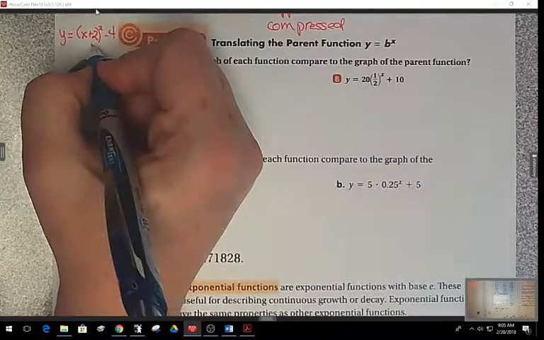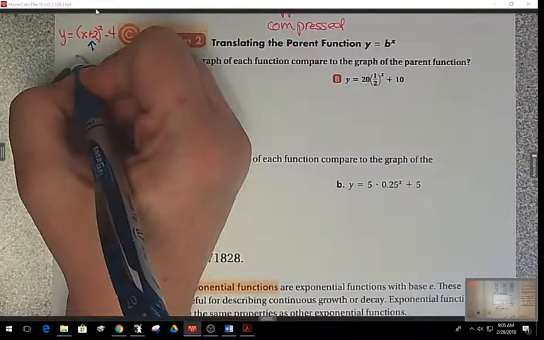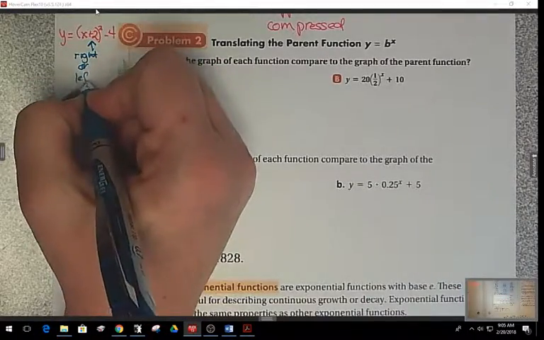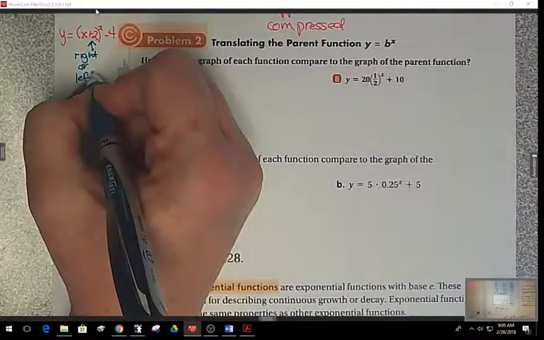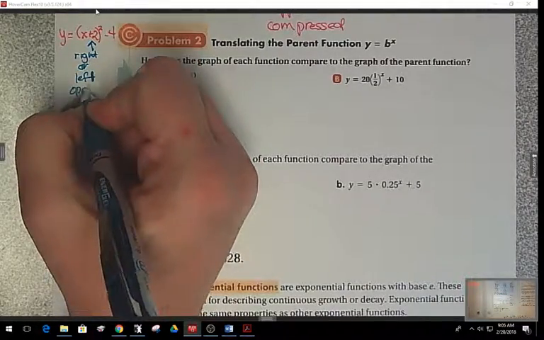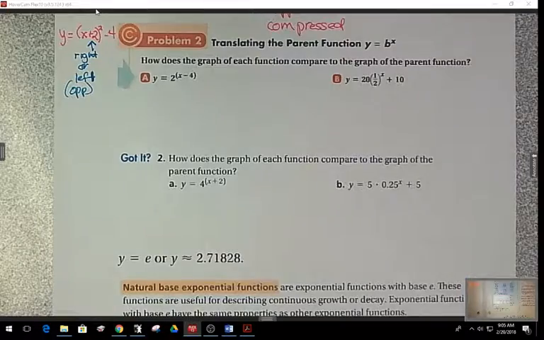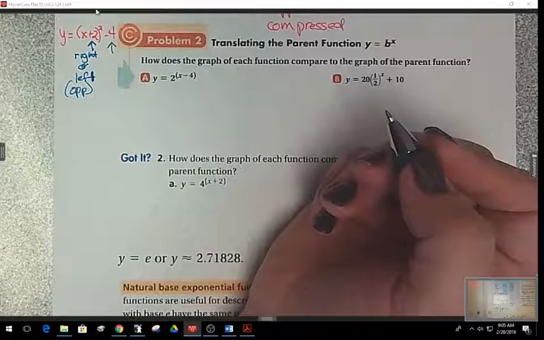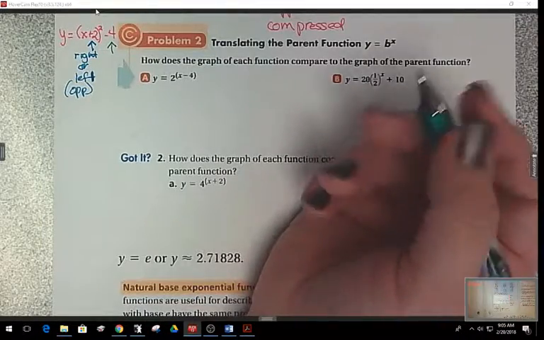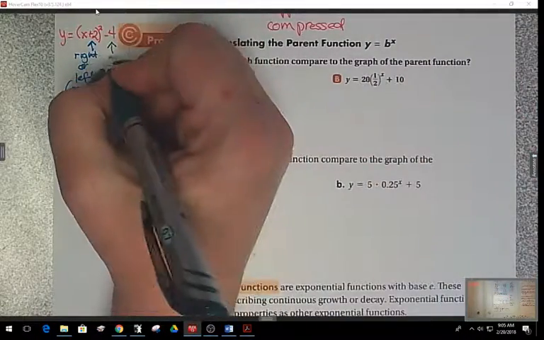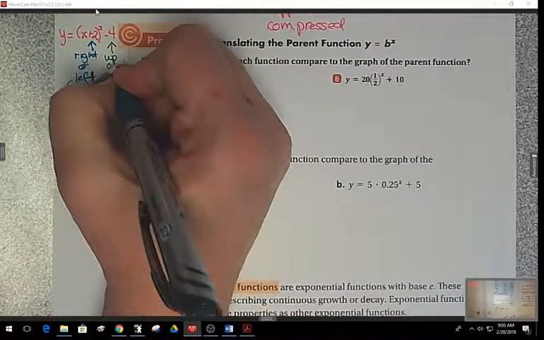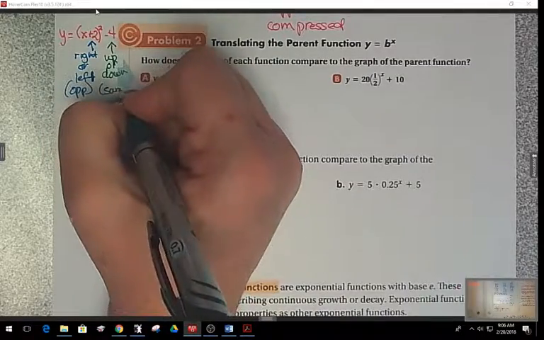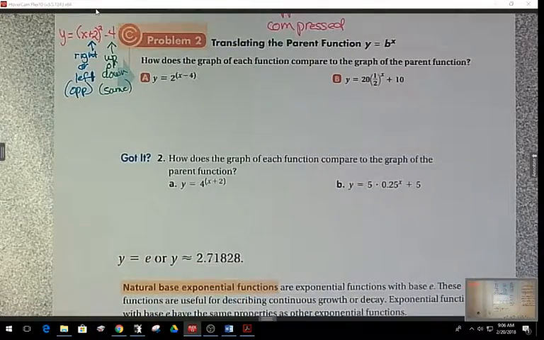Remember, if it was inside with the x, that went right or left, and we did the opposite. If it came after the function itself, or after the square, after absolute value, after a square root, after all of that, that told me up or down, and we did the same sign as that. Well, all of that still applies here.